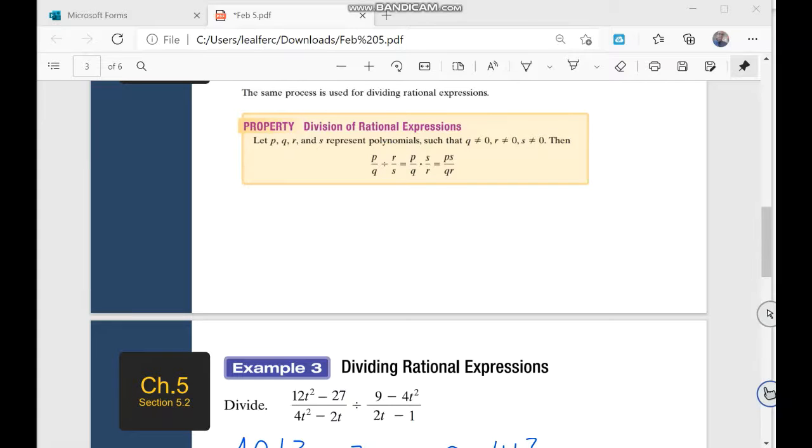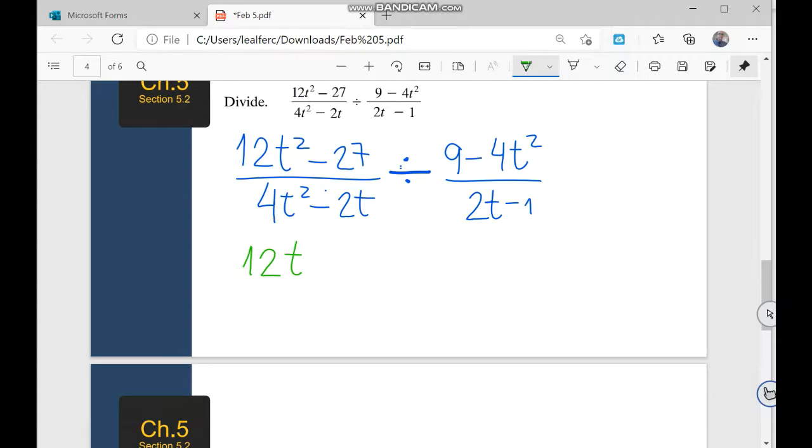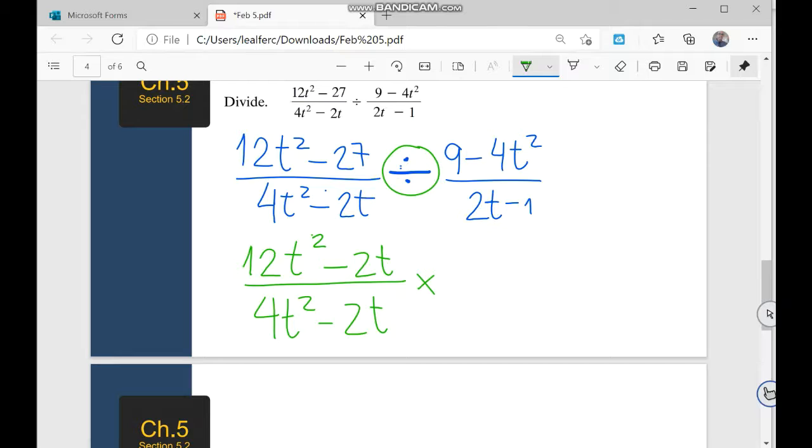Actually, the first step. So the division is going to be switched. It is going to be transformed into a multiplication. Let me write here 12t squared minus 2t over 4t squared minus 2t. Now instead of division, I'm going to write here multiplication, right?